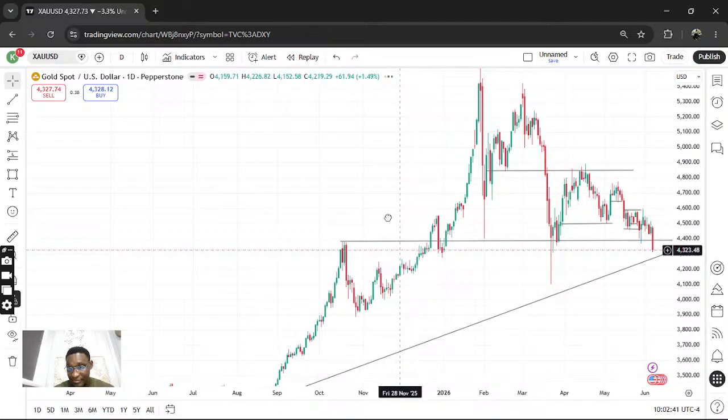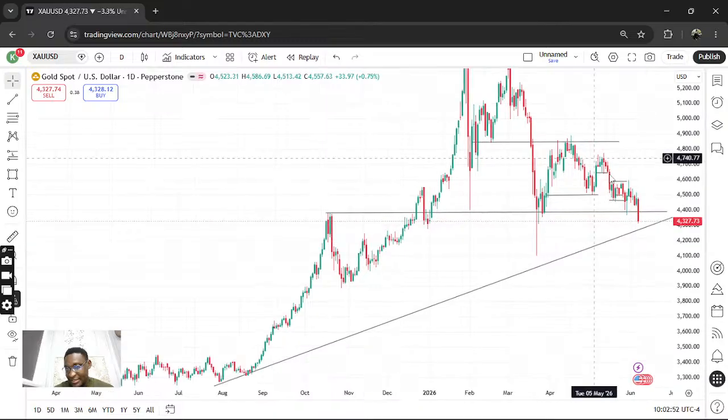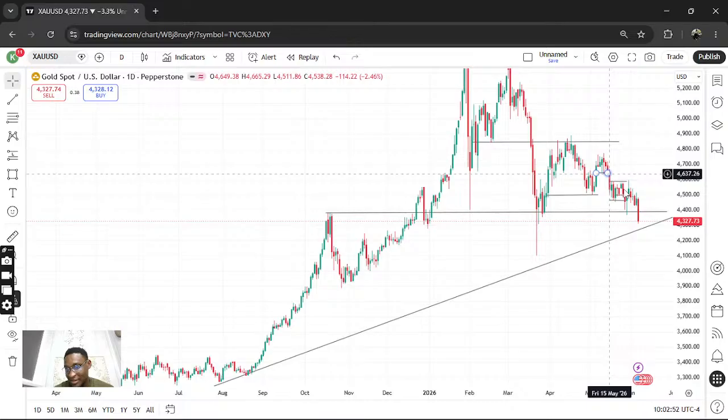The general trend for gold is bullish, and what gold is doing at this particular moment is correction, coming back onto this particular trend line. That is exactly what gold was doing.